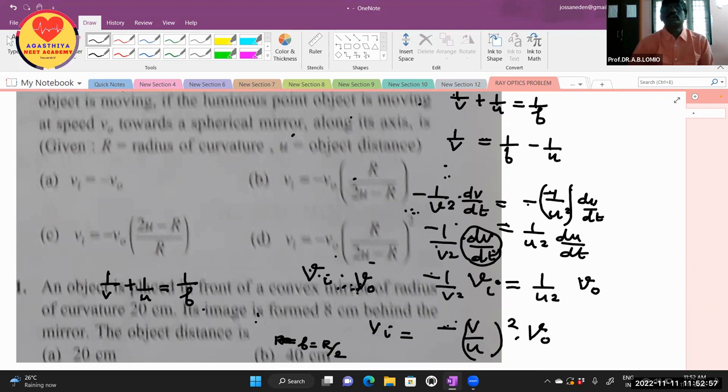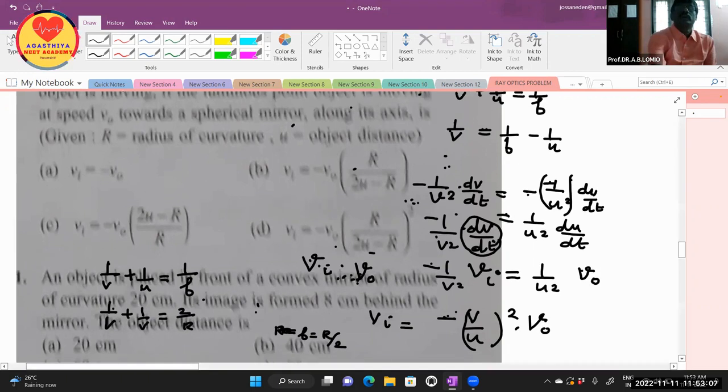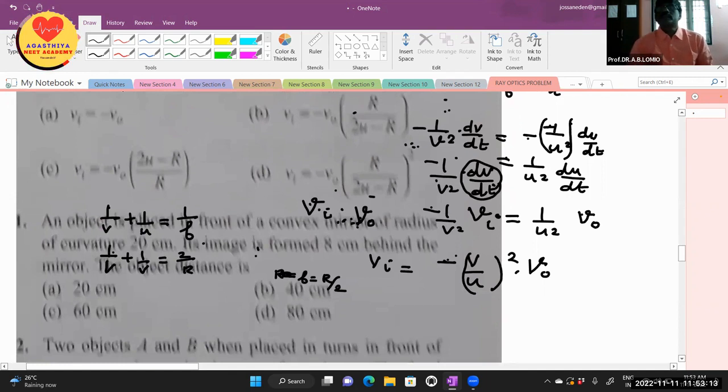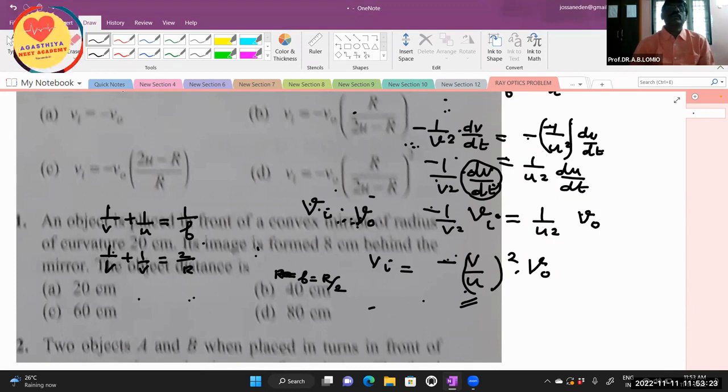About 1 by f, 1 by f is equal to, tell me, 2 by r. The expression is in terms of u and r. Now in this equation, for v we put u. So 1 by v is equal to 2 by r minus 1 by u. Correct?